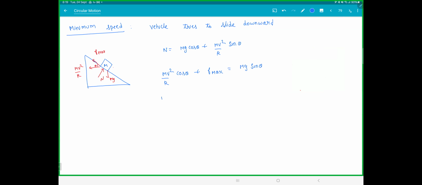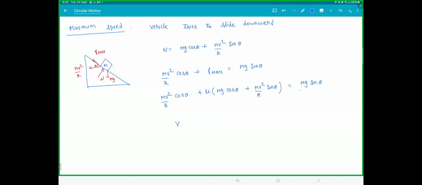Again, substitute the same thing there. So we have mv square by r cos theta plus mu into mg cos theta. And we'll cancel.